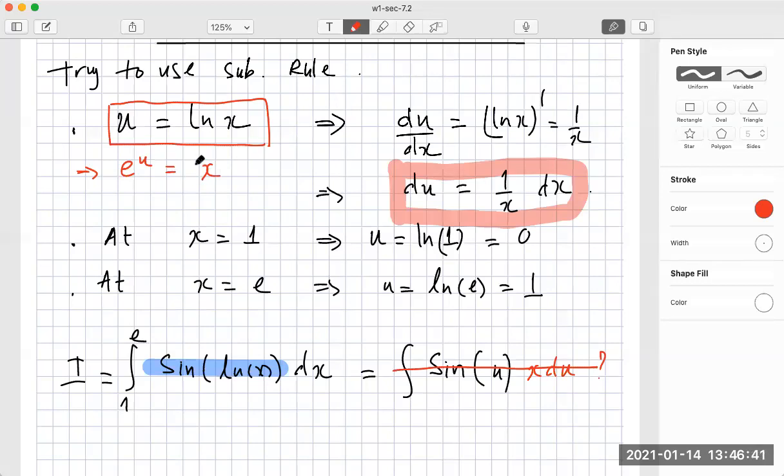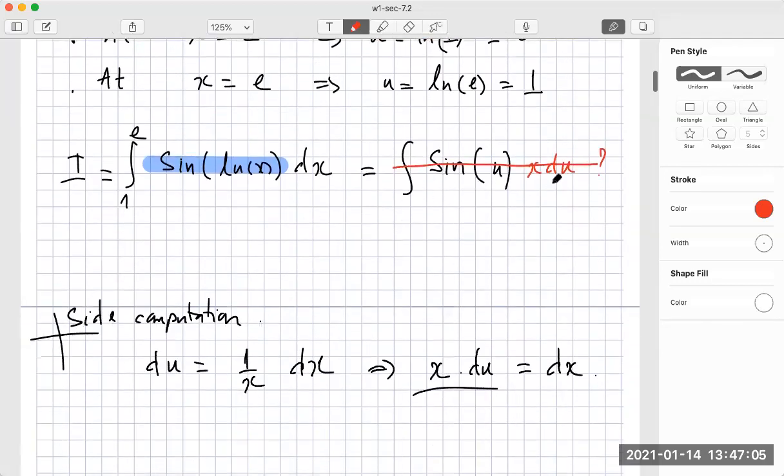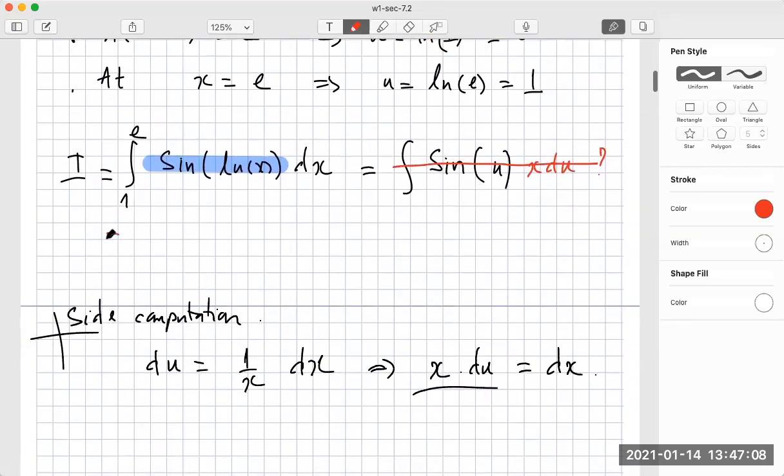If you don't remember this, review the log formulas in the formula sheets or go back to 1021 on the math website. There is a link to the videos and materials so that you can review it. Then we can replace x by e to the u. Very good. Therefore, this integral we can write as sine of u e to the u du, right?